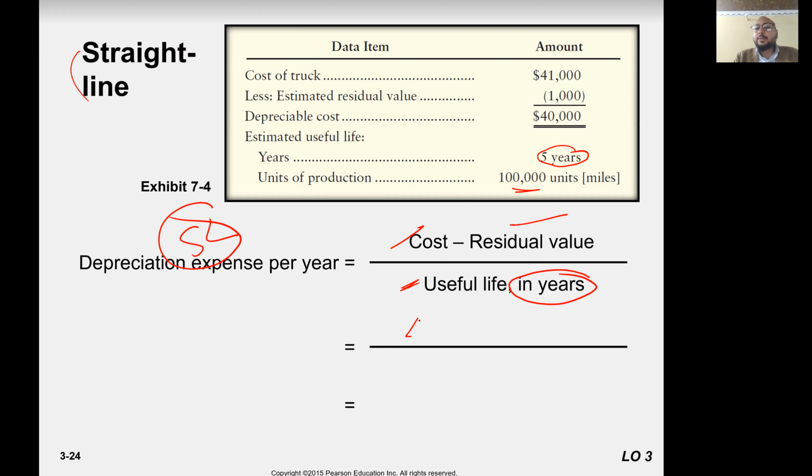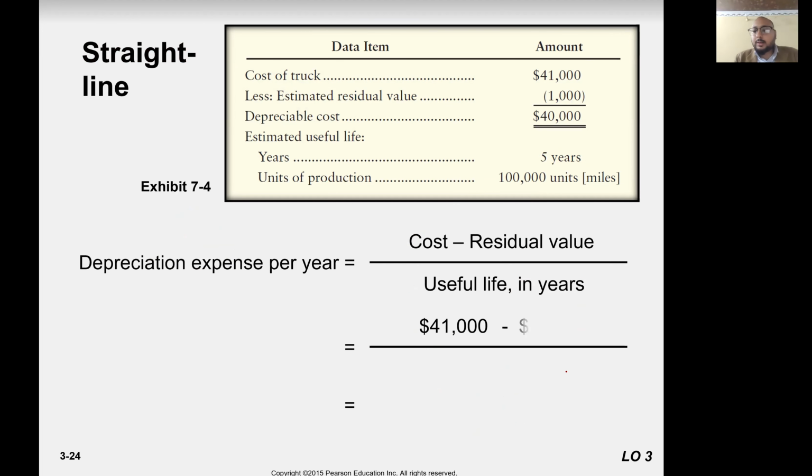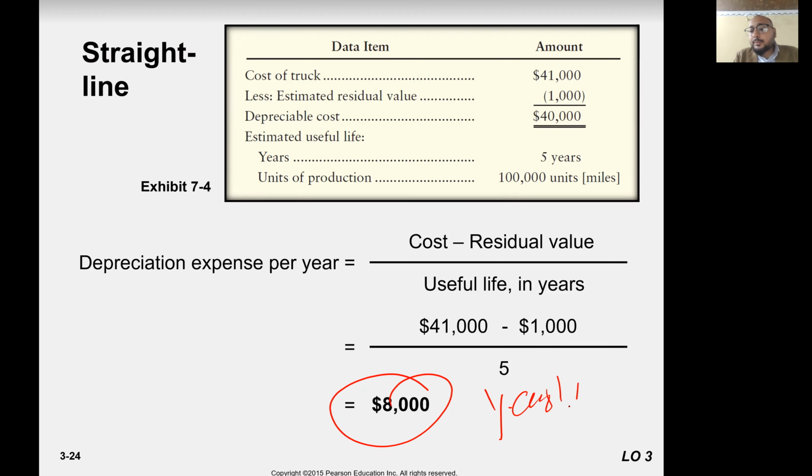So what is the cost? 41,000 minus 1,000 divided by 5, which means 40,000 divided by 5. The answer is going to be 8,000. So that's going to be the yearly expense, because these are years.